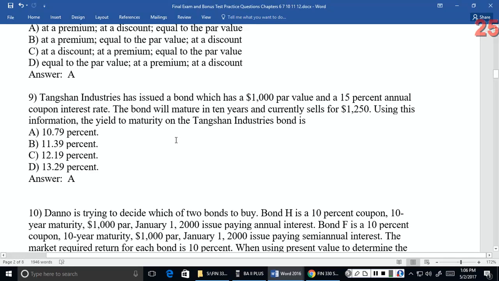All right, so with this one, and let's see, this is number 9. The inputs are going to be the future value, the present value. Remember, the present value has to be entered as a negative number.